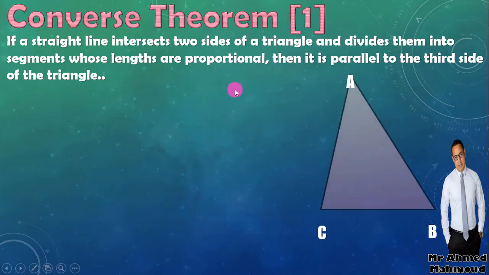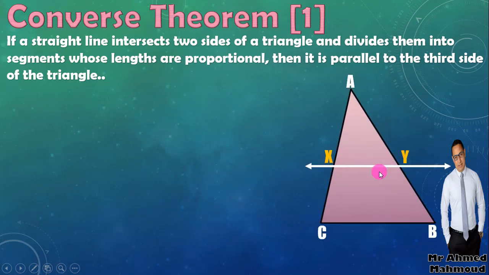First, if we have a triangle like this and we draw XY like this, if AY over YB equals AX over XC, then XY is parallel to BC. Or AY over AB equals AX over AC, so XY is parallel to BC. Or if YB over AB equals XC over AC, they are parallel. You can use any of the previous proportions.